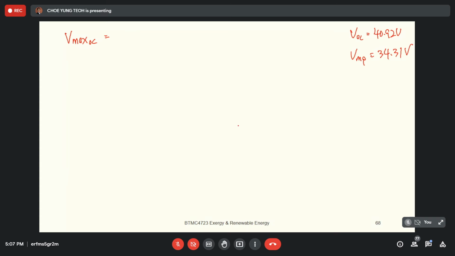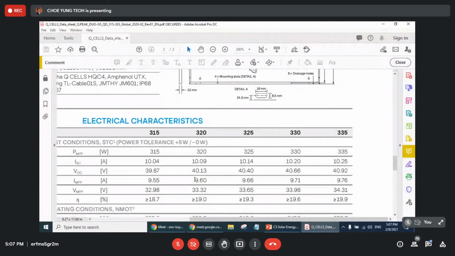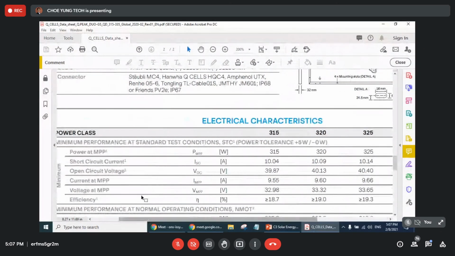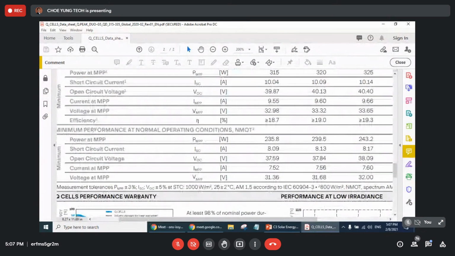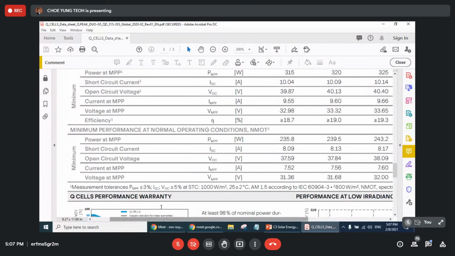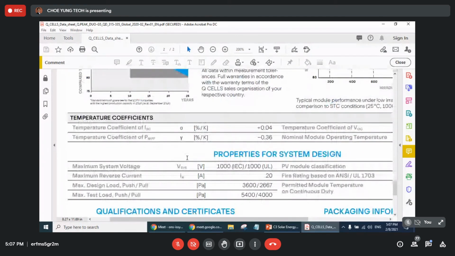And the next information we need is the temperature coefficient. So where is the temperature coefficient stated here? Yes, temperature coefficient over here.